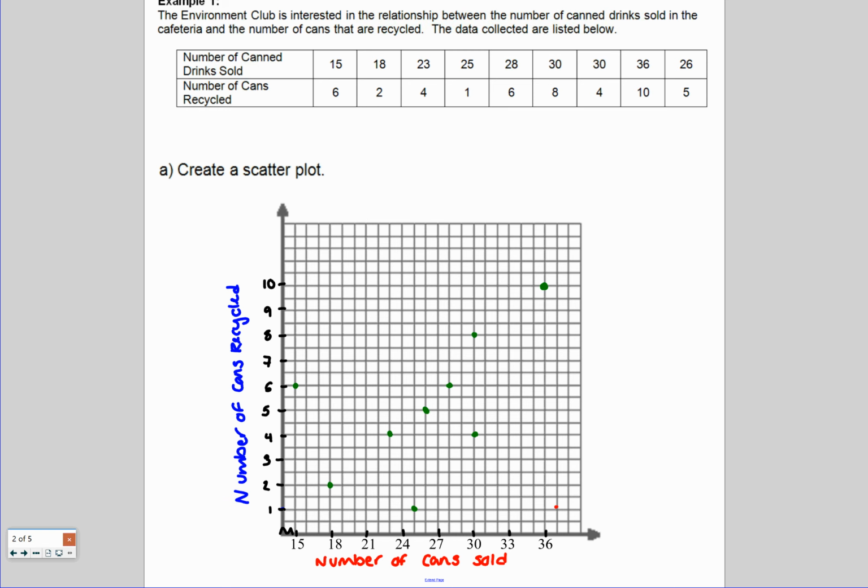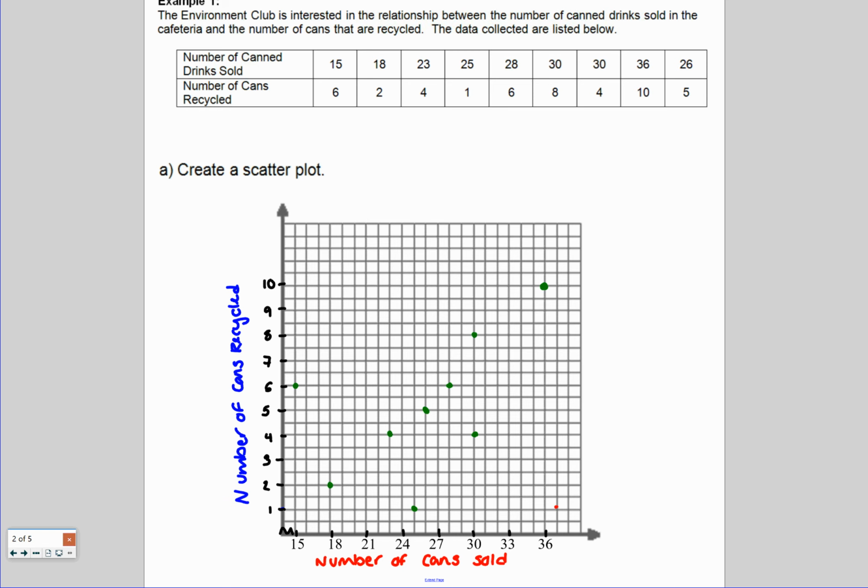The data collected are listed below. So here we have the number of canned drinks sold, and here the number of cans recycled. So this is our independent, because that's what we believe affects the number of cans recycled. So our independent always goes on our x-axis or our horizontal axis, and our dependent on the vertical axis.